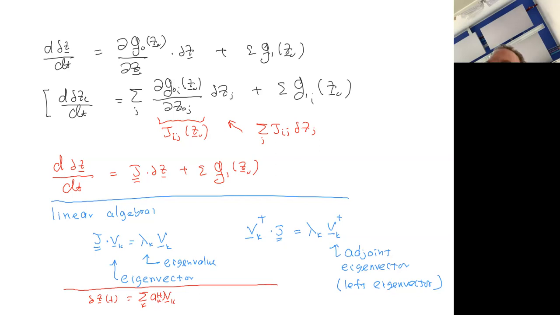There's one last thing you need to know, which is vk dagger dot vl equals delta kl, which equals 1 if k equals l, and 0 if k is not equal to l. Okay.